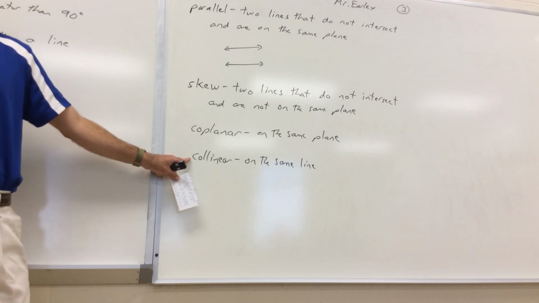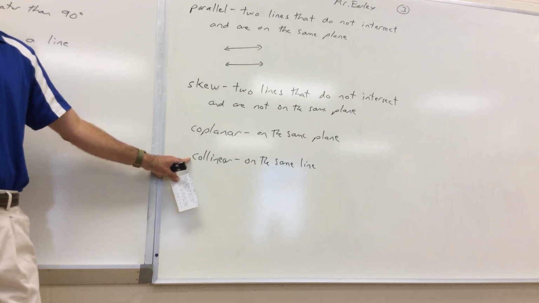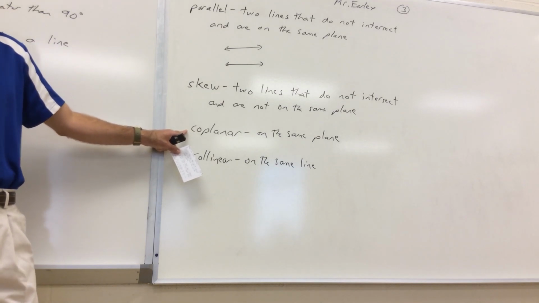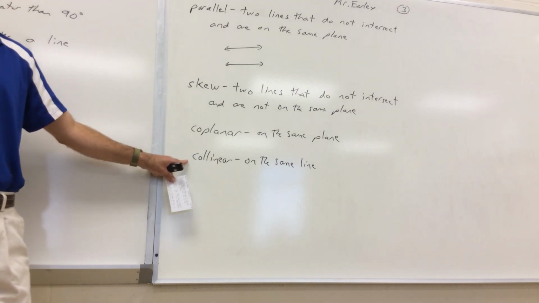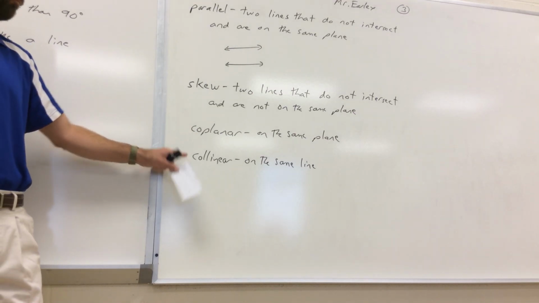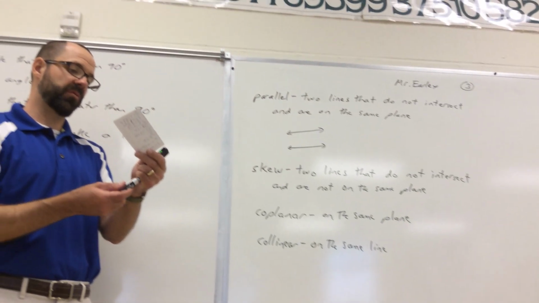And if they're on different lines, if they're like scattered around, then they're not collinear. So coplanar means same plane, and collinear means same line. So the prefix co means same. All right, so that's 4 vocabulary words for you.